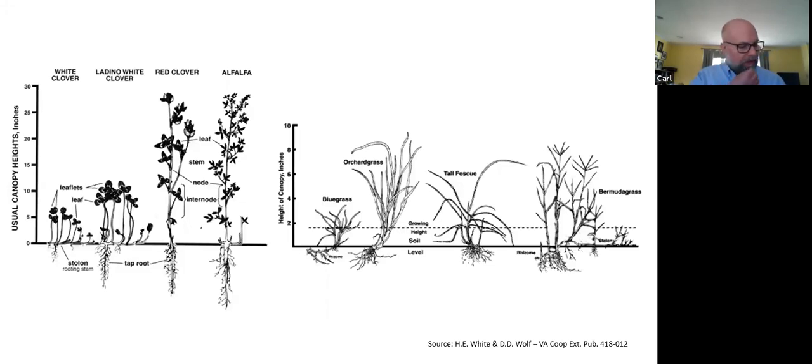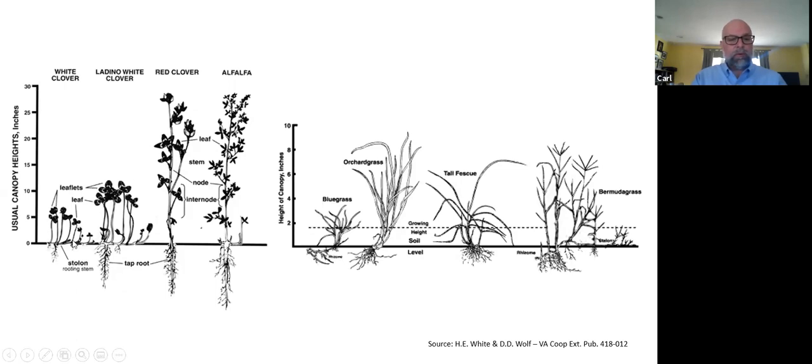And that's going to be the case with, as I mentioned, species vary in their ability to tolerate grazing, and a lot of that has to do with the location of the growing points. Your alfalfa, your red clover, your growing point is going to be over here.